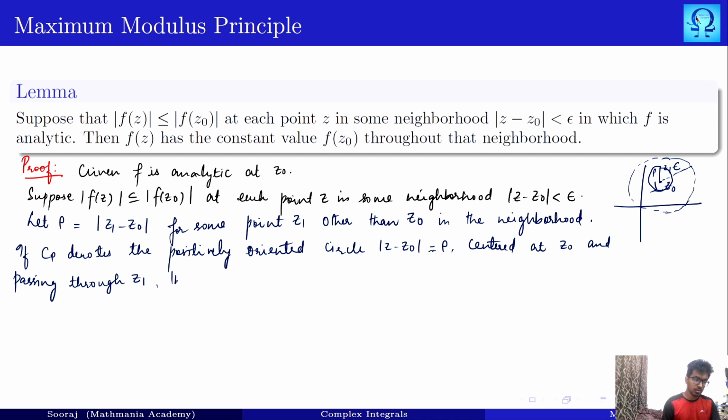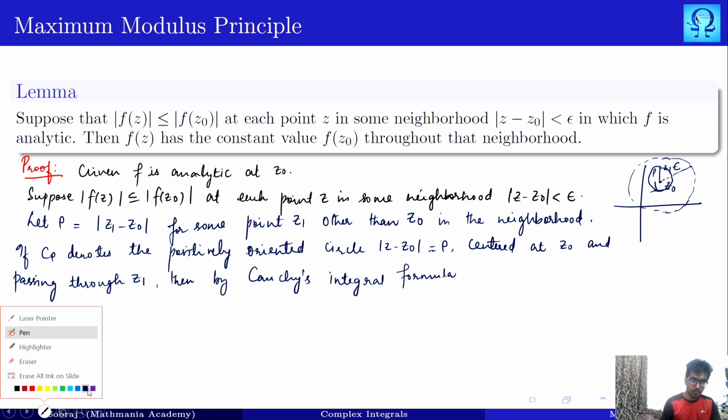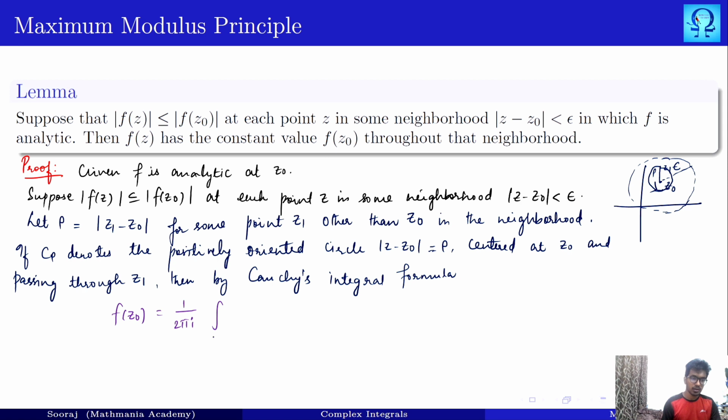Then by Cauchy's integral formula, we have f of z naught equals 1 upon 2 pi i, integral over C rho of f of z upon z minus z naught dz, and we mark this as equation 1.